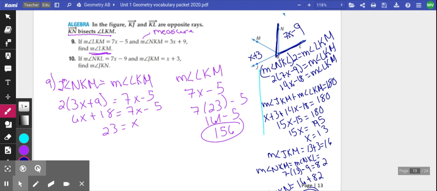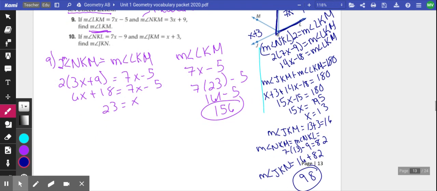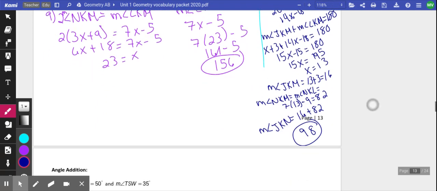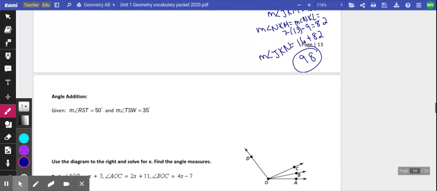Once I know x equals 13, I can find that JKM is 16. And I can find that NKL is 82. So then JKN is 16 plus 82, or 98.